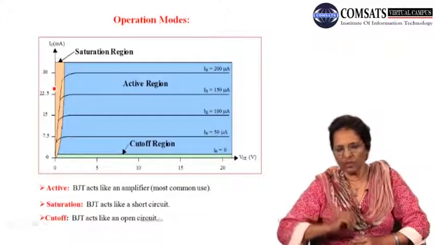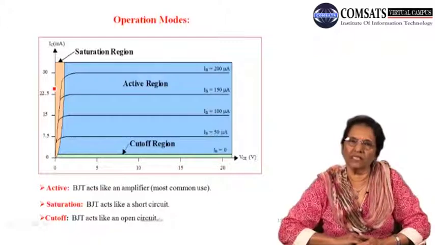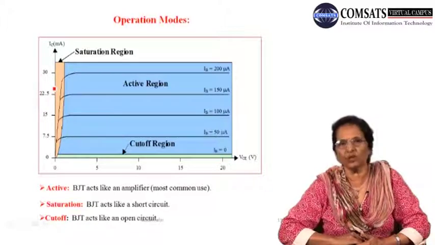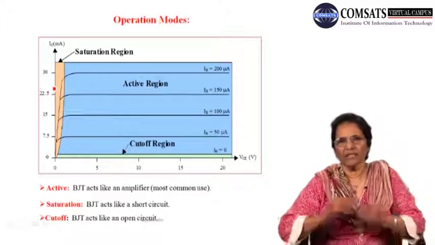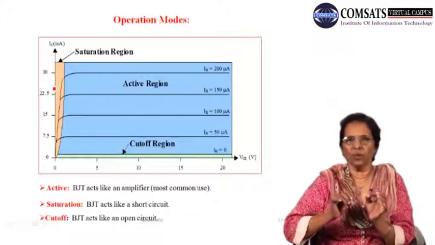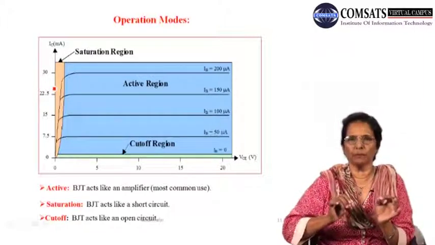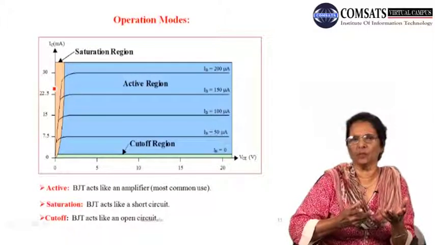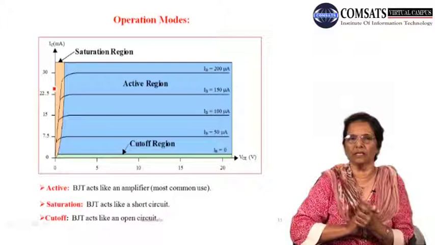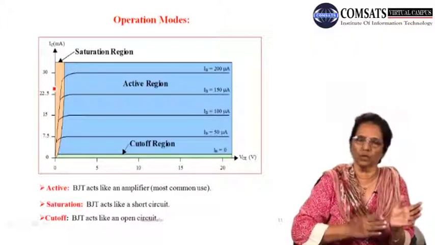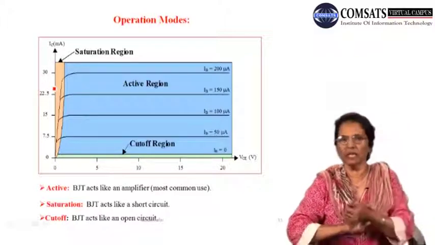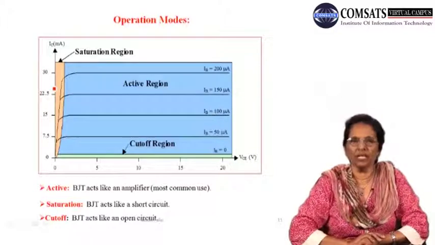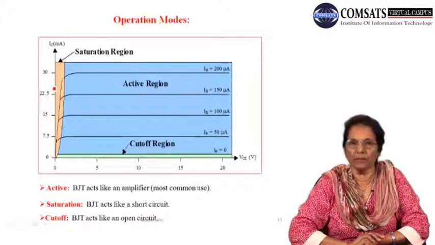You would also appreciate from this transparency that the magnitude of the input current, which is the base current IB, is of the order of microamperes. That is, we are feeding only as small as a microampere current into the base, and we are collecting a large current from the collector terminal, about 1000 times greater than your input current IB. So IC is roughly of the order of milliamperes.